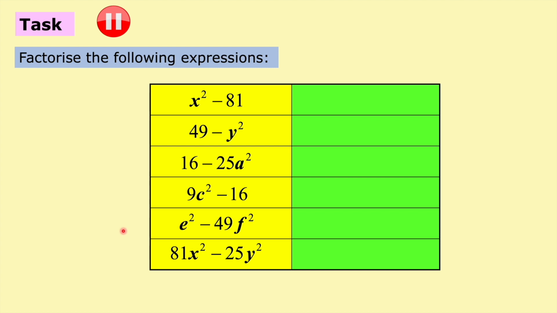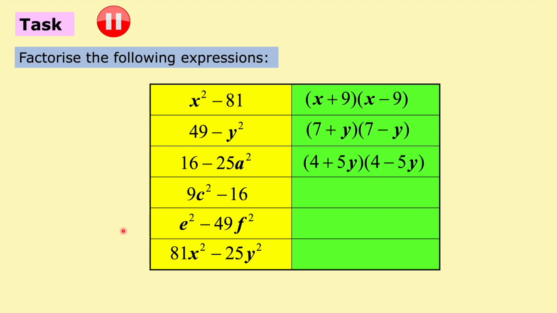Okay, let's go through the answers. So the first one, you should have x plus 9, x subtract 9, or the other way around, x subtract 9, x plus 9. Second one, you should have 7 plus y, 7 minus y. Next one, 4 subtract 5y, 4 add 5y. And the fourth one, 3c plus 4, 3c subtract 4.